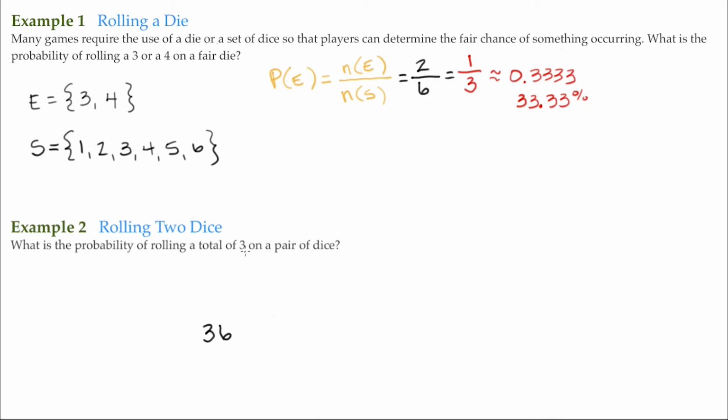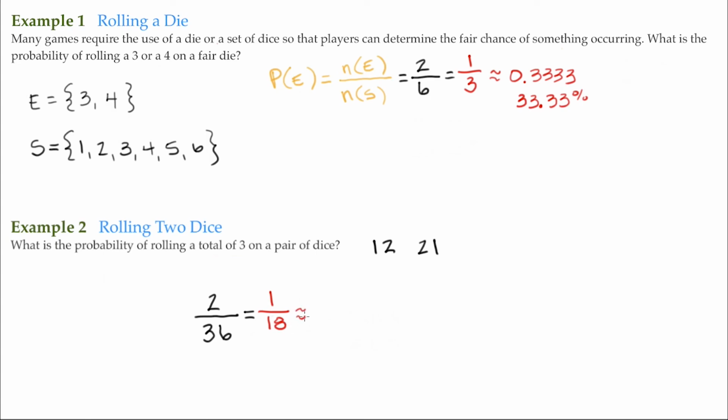To get a total of 3, well, you can roll a 1 and a 2, or you could roll a 2 and a 1. So those are the only 2 ways you can get a total of 3. So that's 2 out of 36. And 2 out of 36 simplifies to 1 out of 18.